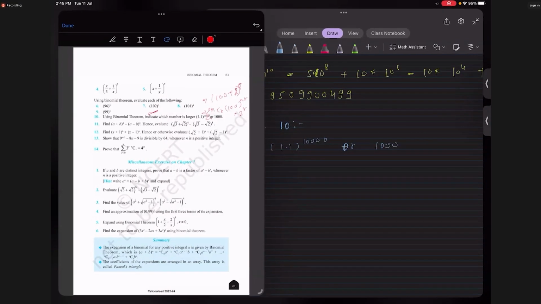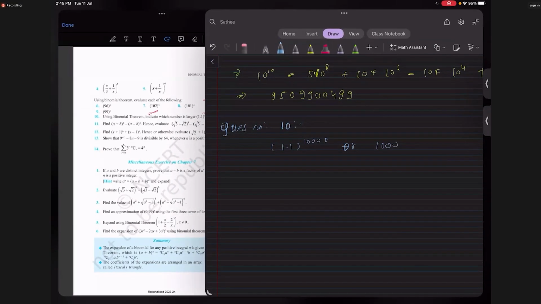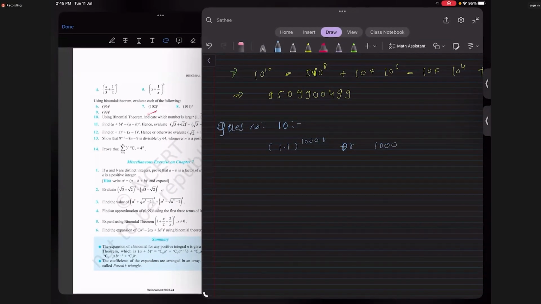So in this term you can write it as (1 + 0.1) to the power 10,000.